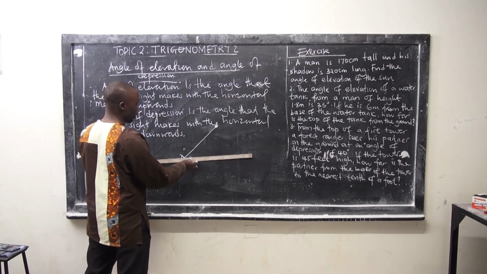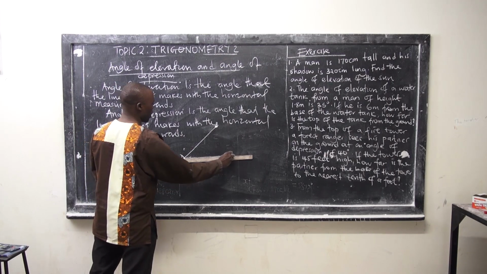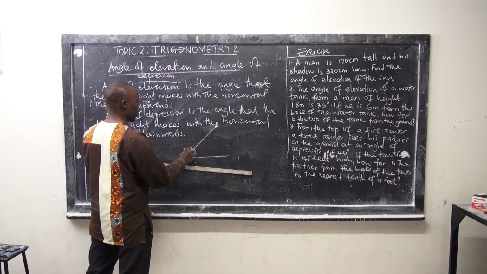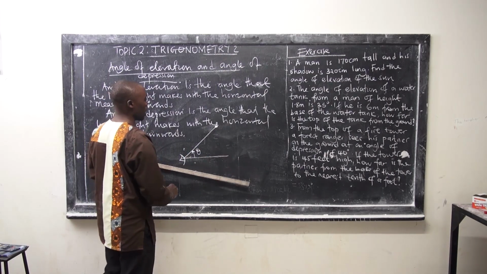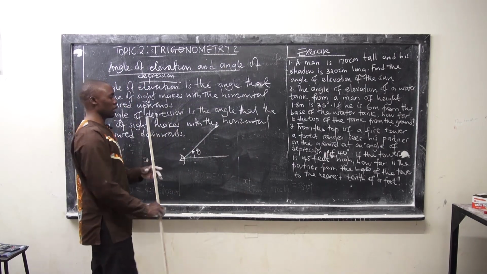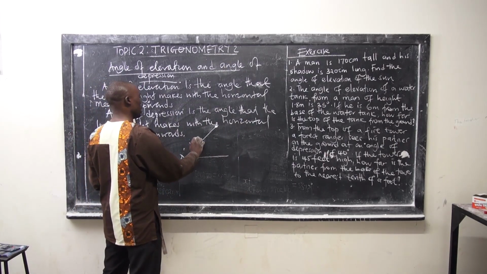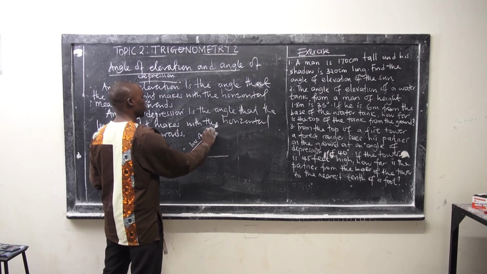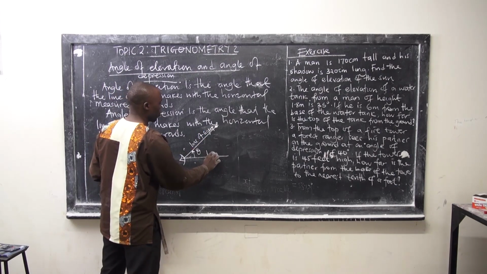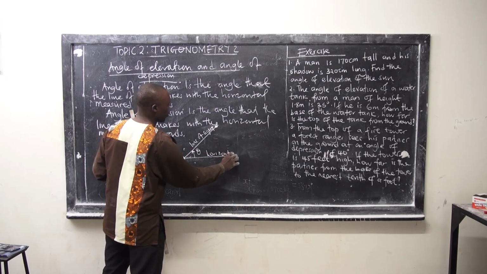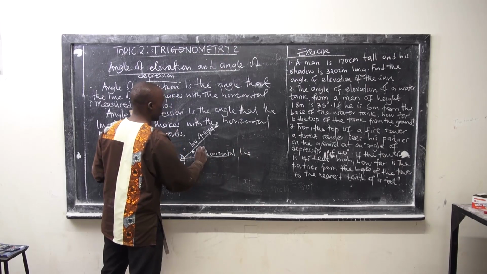Then if we draw a horizontal at that point, the angle we measure from that horizontal is called the angle of elevation. So theta is the angle of elevation. Then this is the line of sight, this stands for the horizontal line, and this is the angle of elevation.